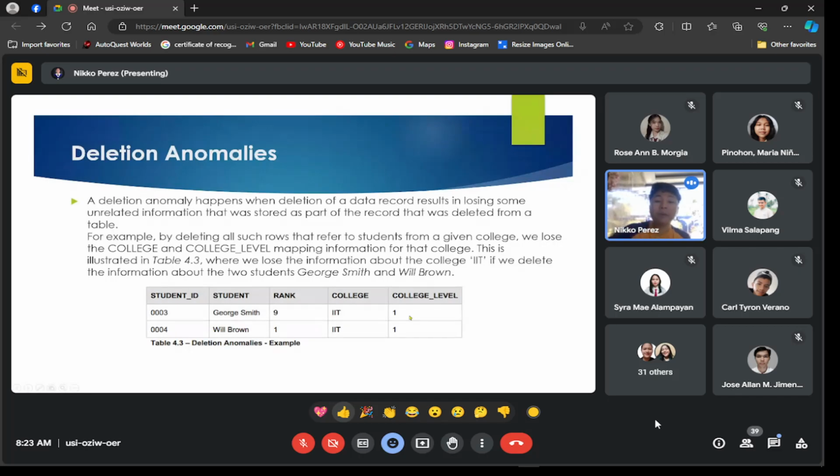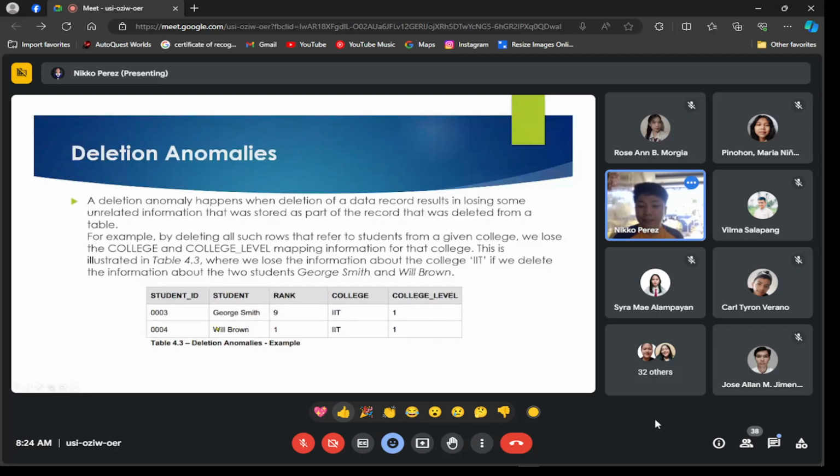So madala ang other record nga dapat unta dili siya ma-apil og delete because our aim is only to delete the student record alone. But since merge man sila, whatever will happen to the record for the student, it will affect entirely considering the record of the college and the college level.